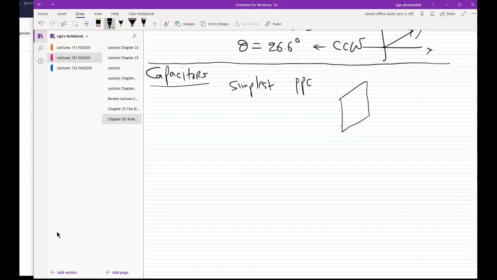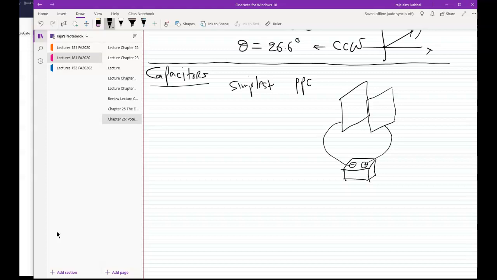Here's one here, here's another one right there. And let's say here's a battery. Let's say this is the negative terminal, this is the positive terminal, and then I connect the positive terminal to this plate and the negative terminal to this plate.